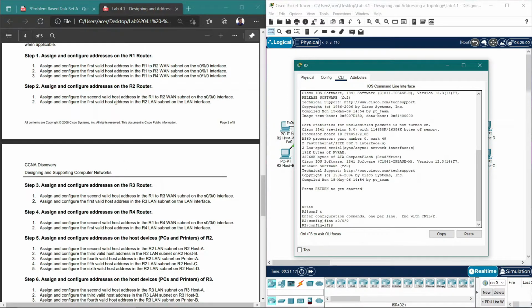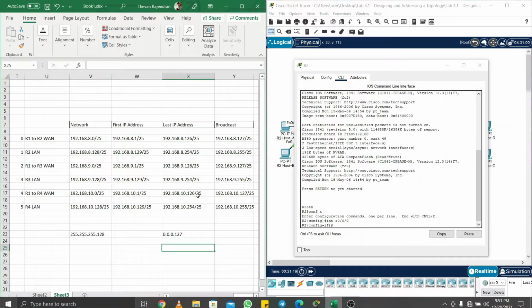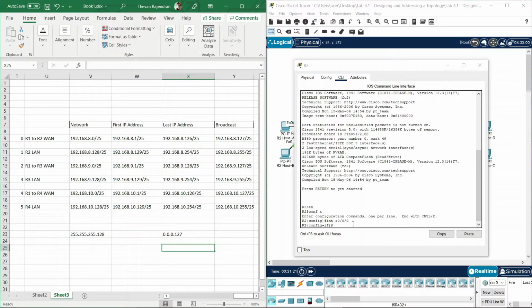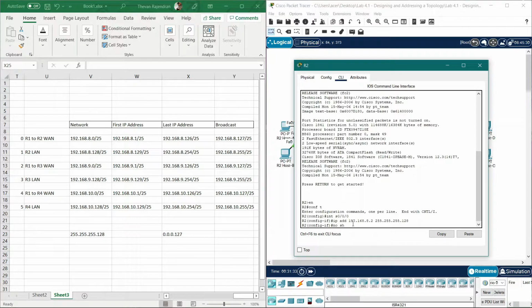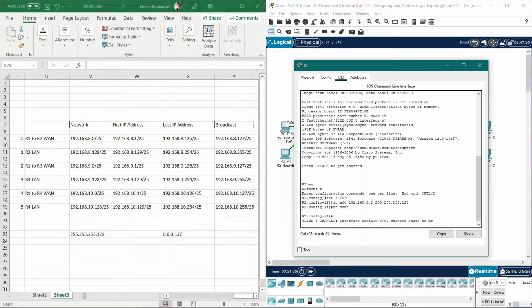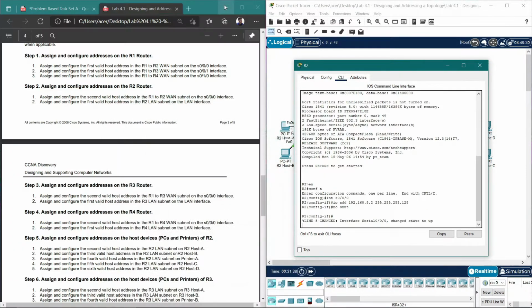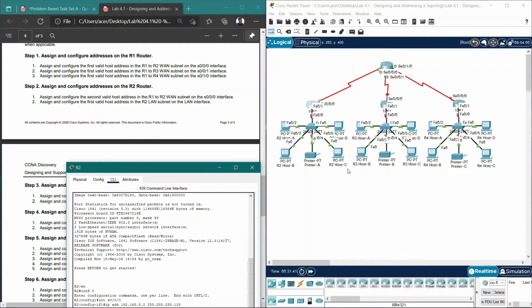Second valid host IP address, that will be 8.2. And no shut. And here we are required to configure the LAN networks also.